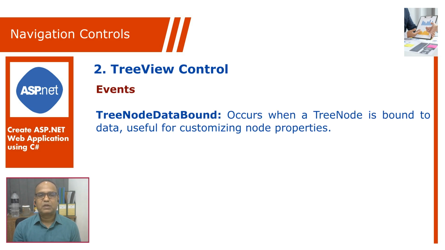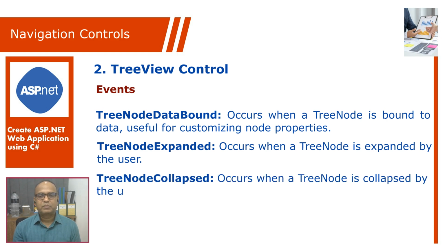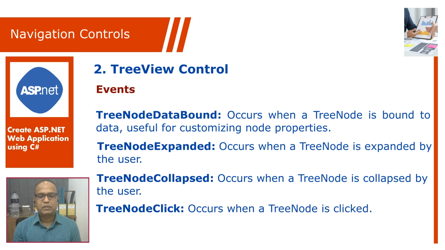Tree node data bound occurs when a tree node is bound to data, useful for customizing node properties. Tree node expanded occurs when a tree node is expanded by the user. Tree node collapsed occurs when a tree node is collapsed by the user. Tree node click occurs when a tree node is clicked.